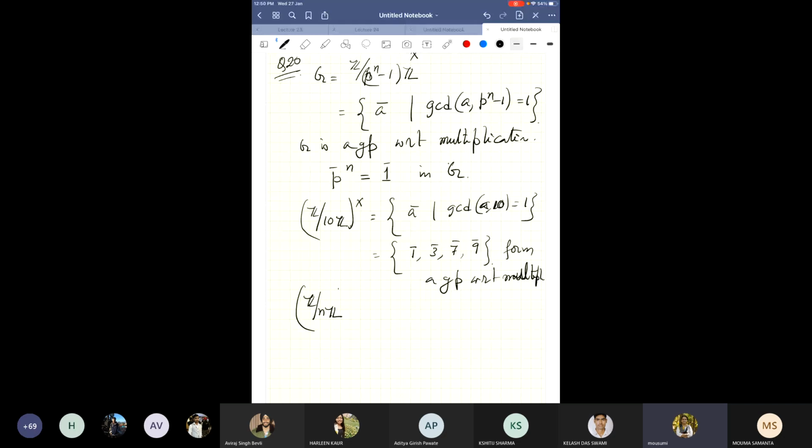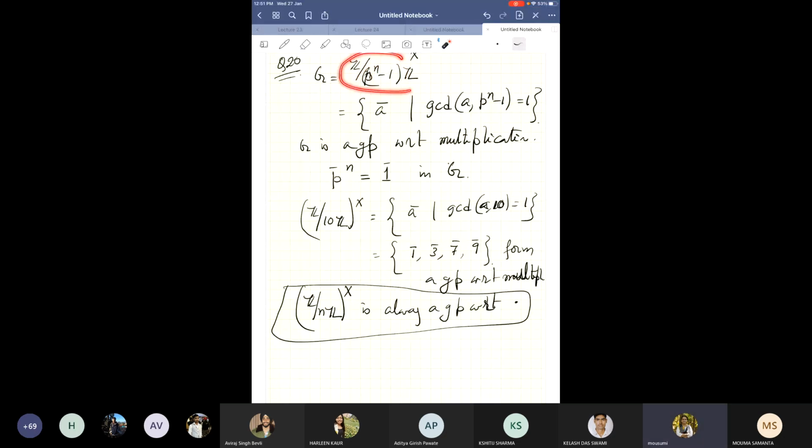This I have told while I was giving examples. So now here we have considered p to the power n minus 1. In this example, Z quotient 10Z, what is this?